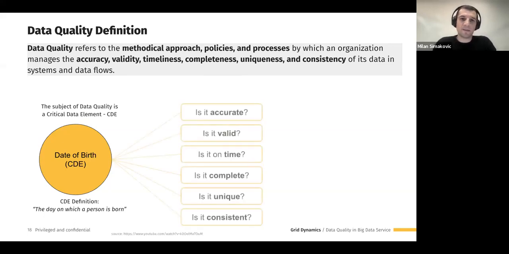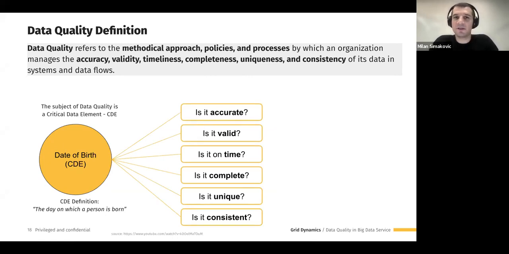The idea for every CDE, every critical data element, is to ask ourselves: is the value that we are seeing accurate? Is it valid? Did this value come on time? Is it complete? Is it unique across the whole data set?